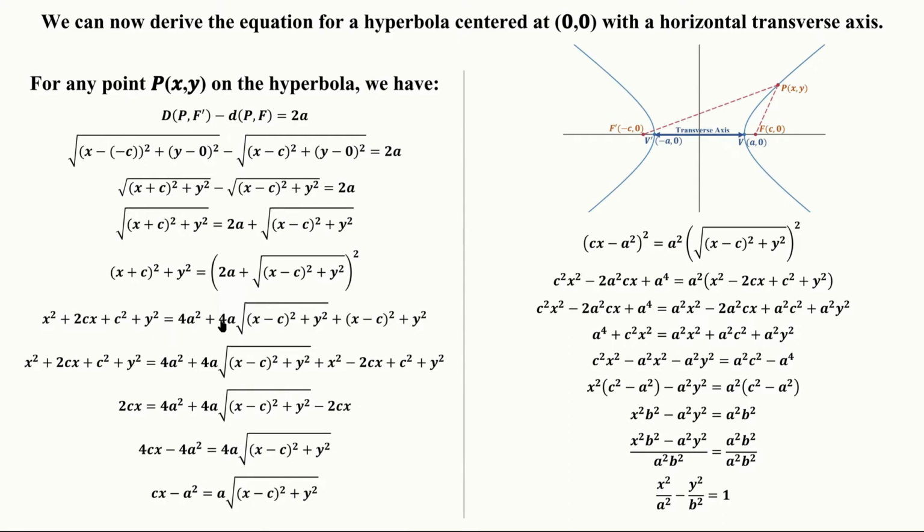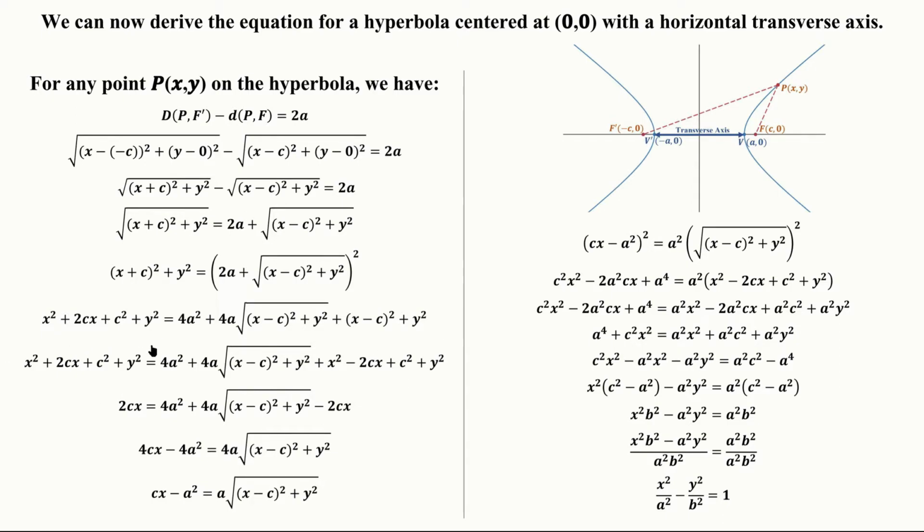We don't want to forget that. On this side, remember, you get the first one squared, which is 4a squared, plus 2 times the first times the second, so we get 4a times the radical of (x minus c) squared plus y squared, plus you have to square the second expression here, and that's a radical expression, so when you square it you just get the radicand.